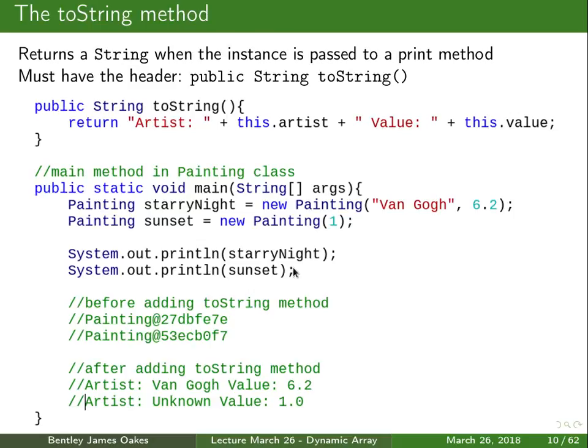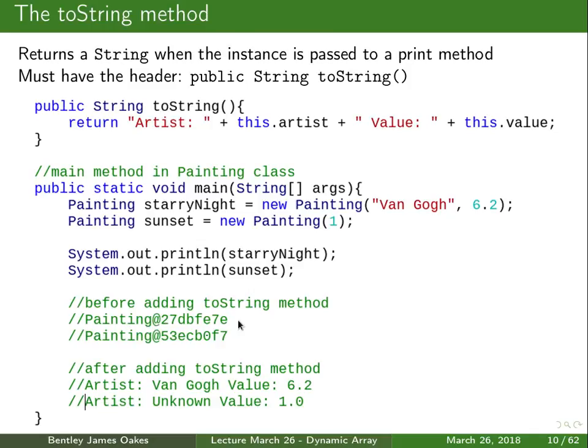So what happens is that when you try to print out an instance of a class, here we're doing System.out.println Starry Night, so we're trying to print out an instance of the class, Java will automatically call the toString method and then print that out. So if you haven't created your own version, Java will print out the default.